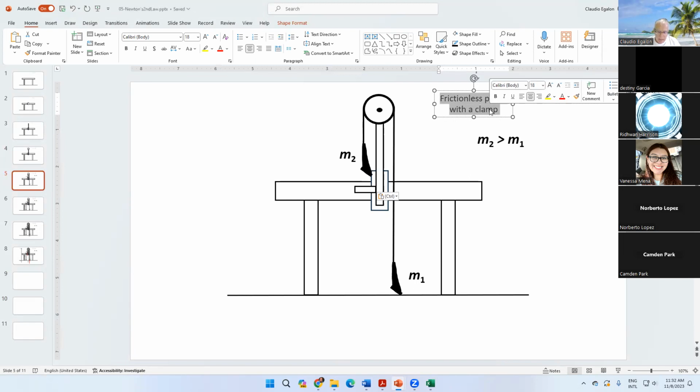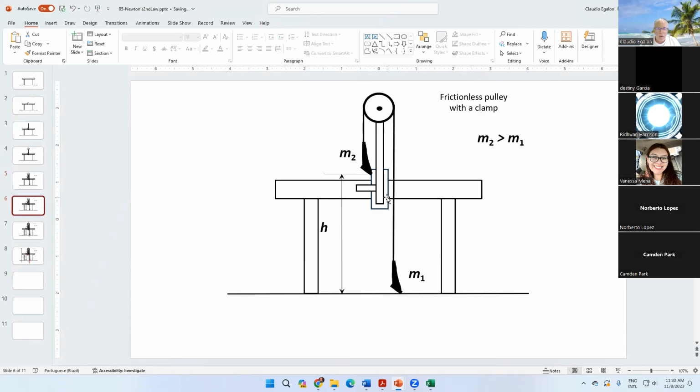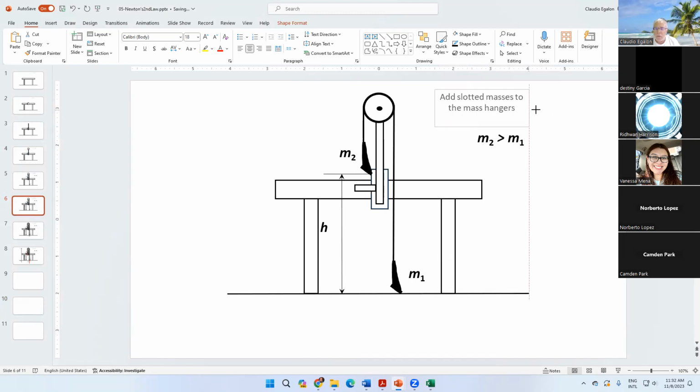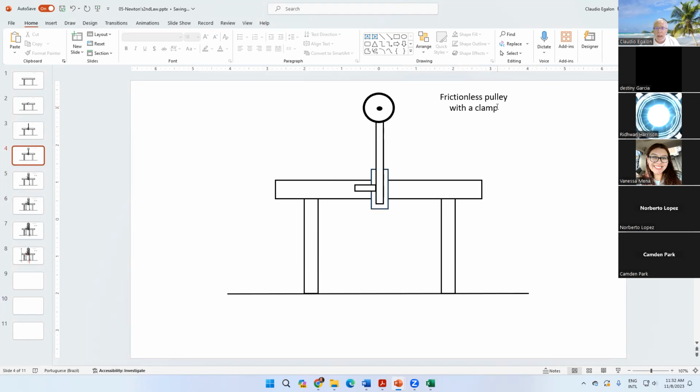Add hanging masses. Add slotted masses to the mass hangers, the 2 mass hangers.